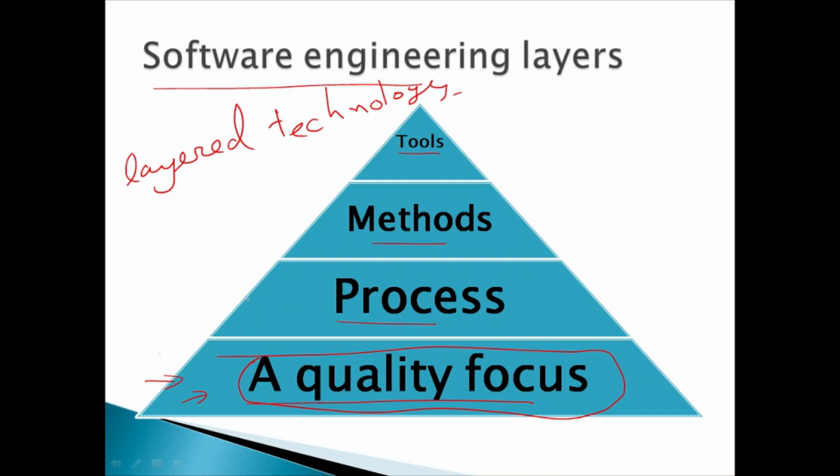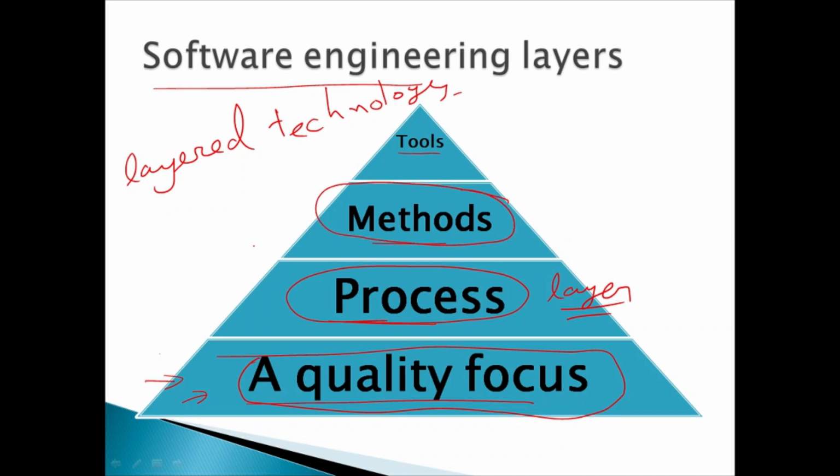Next one, the foundation for software engineering, that is the process layer. Okay, so it defines a framework that must be established for effective delivery of software engineering technology. Next, the next layer is what? Methods.